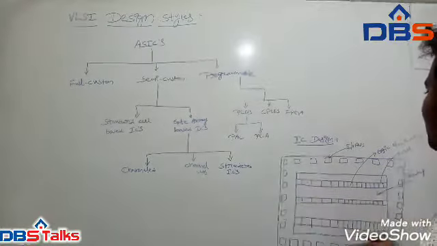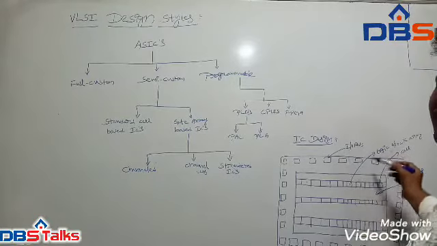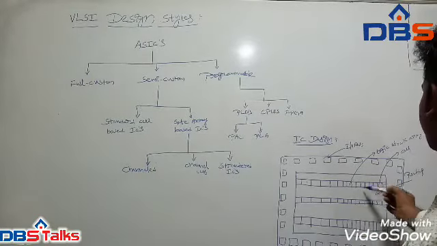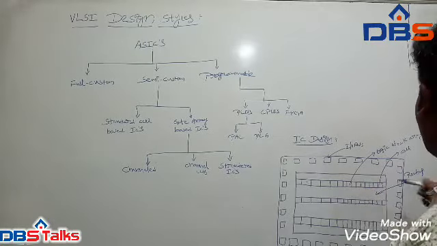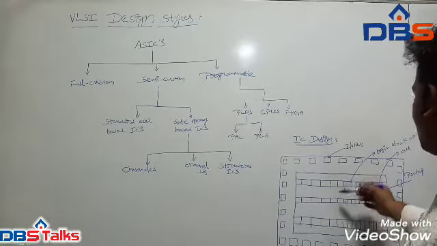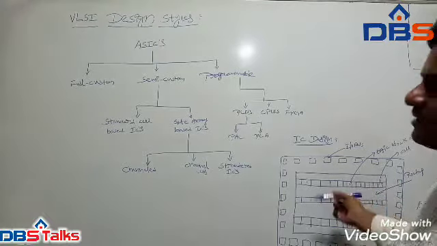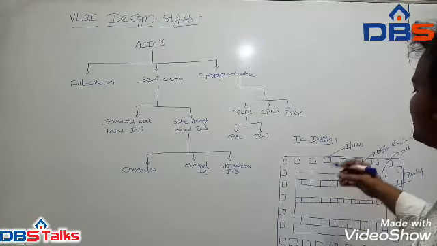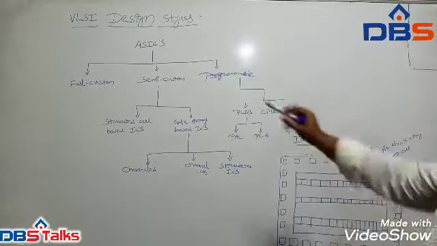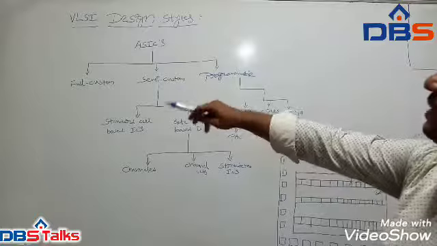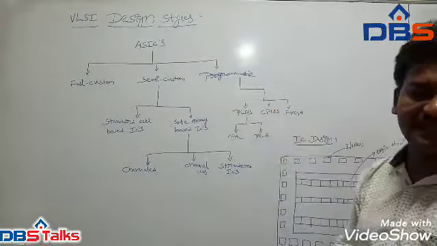Like this format, it may have IO pairs and the logic block array, and within the logic block array we have different cells, and in between logic blocks we have to perform the routing. So based on the manner in which we define the logic within the cells, that will be differentiated from full custom to semi custom ICs.